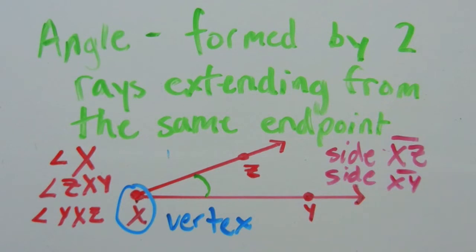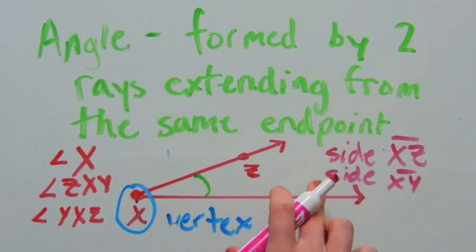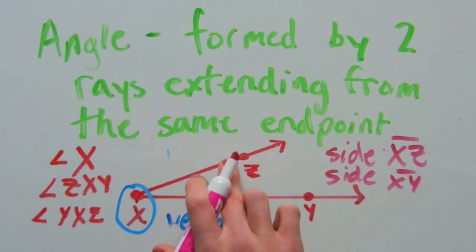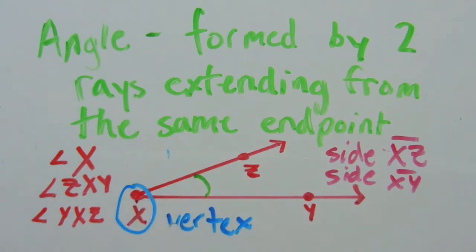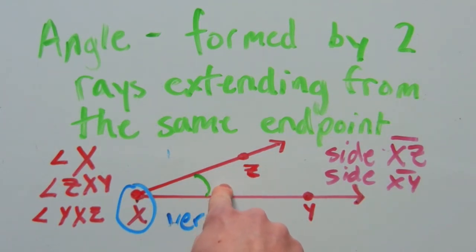You can see that an angle is made up of a single vertex or endpoint and two sides, in this case XZ and XY. So in this next video, we're going to understand how to measure this angle in degrees.